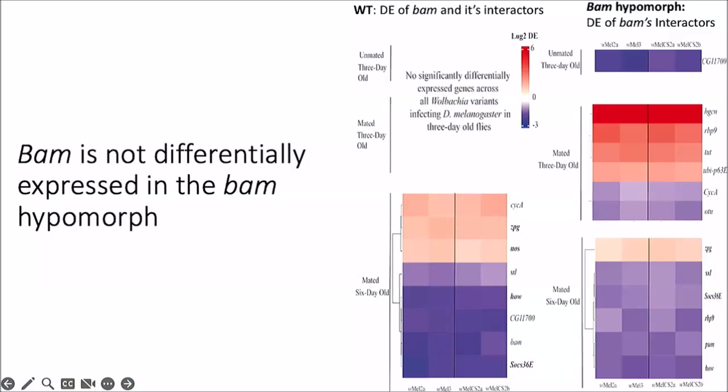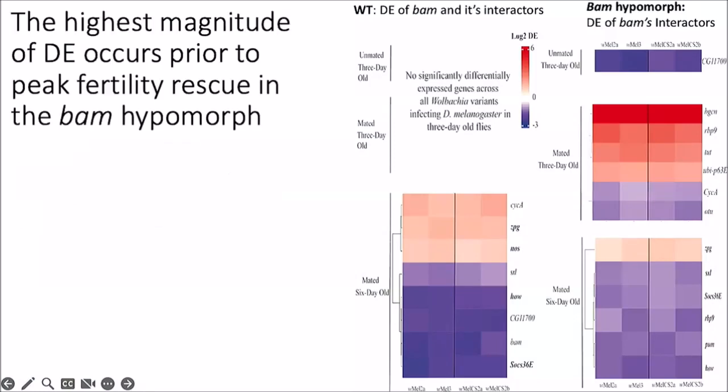And it turns out that, interestingly, of the genes we looked at, bag of marbles is not affected in its expression at all, which was a bit of a surprise to us. There are a number of other genes that are affected by the presence of Wolbachia in the hypomorphs.